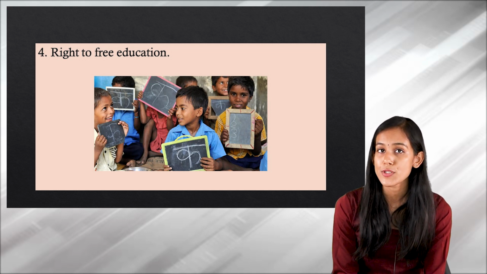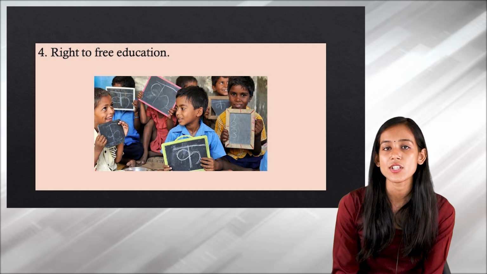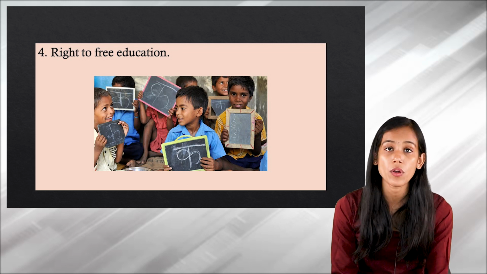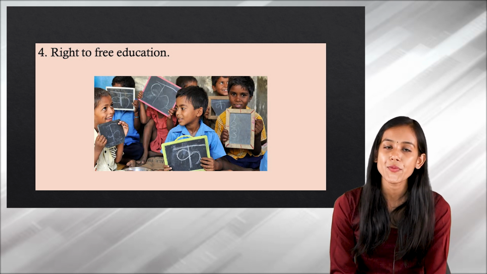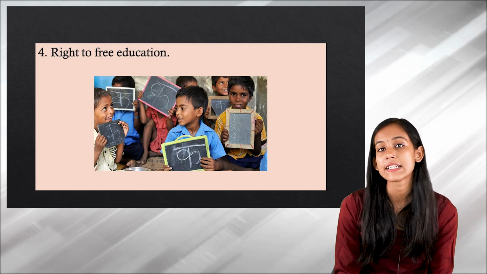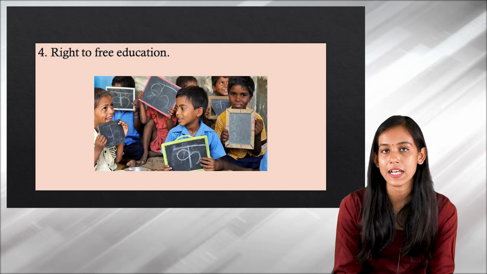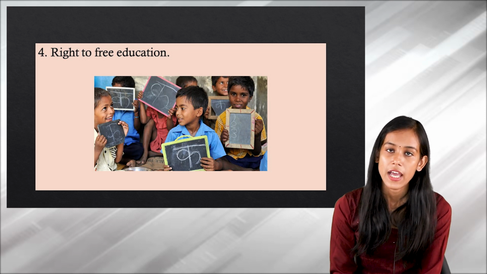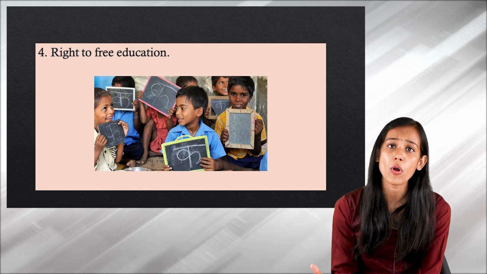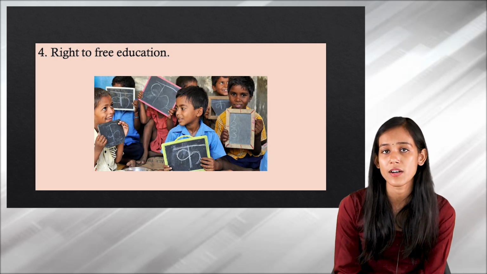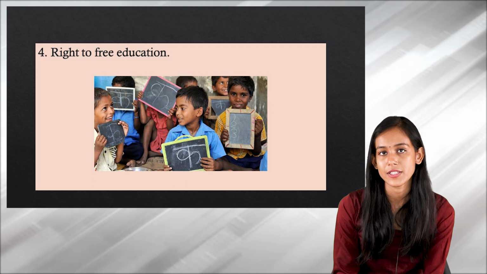The fourth right is about education. 50% of children aged 6 to 18 years do not go to school. And if we see the dropout rates, they increase alarmingly in a specific period, that is class 3 to 5, and 50% of boys drop out from school in this period.